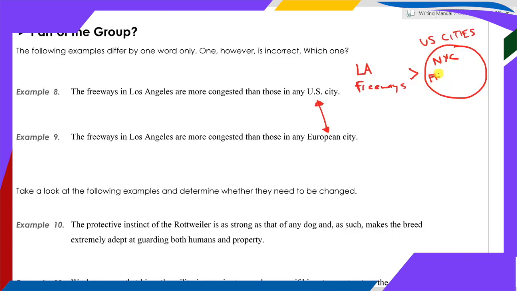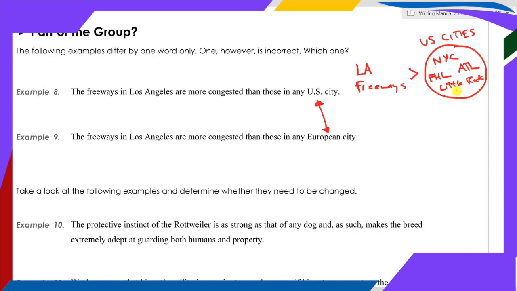Let's say we have the city of brotherly love, Philadelphia. Let's say we have a southern city like Atlanta. What's another cool city? How about Little Rock, Arkansas? Everybody knows that Little Rock is like the most amazing city in the entire country.